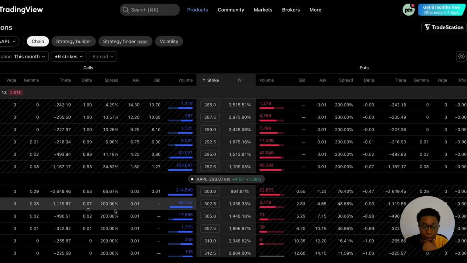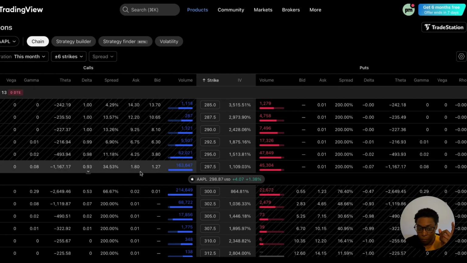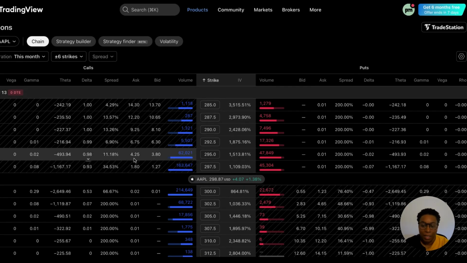So you notice right here, with this bid and this ask, you're seeing $1.80, you're seeing $4.25. That doesn't mean that's how much you're going to pay to get into that trade. You have to multiply it times 100, which is the 100 shares inside that option contract. Therefore, you multiply the delta times that same 100, and that'll let you know how much in value you're going to get for every $1.